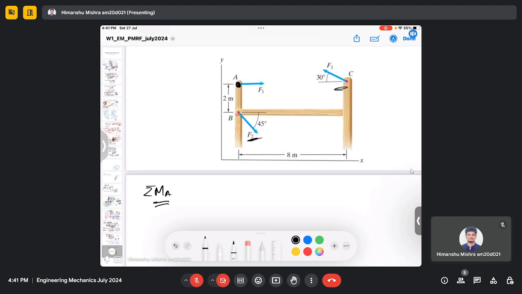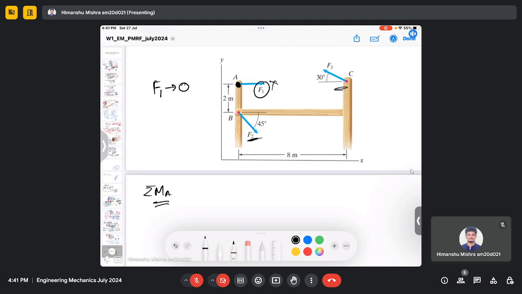First consider F1. F1 is along the x-axis, so we don't need to calculate its components because it's already along one of the component axes. F1 has no perpendicular distance because it's acting on that point itself. So the contribution from F1 will be zero.